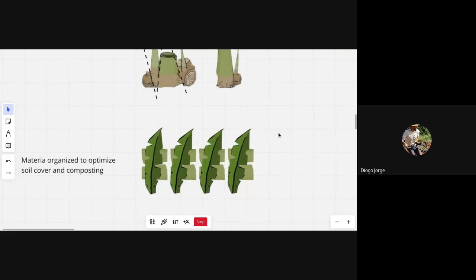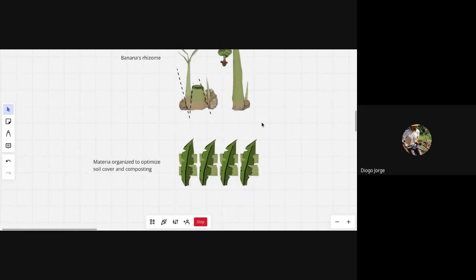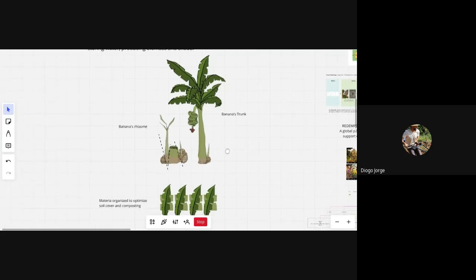Every time we harvest a banana cluster, we chop the trunk, organize the leaves, and that covers a lot of soil with material that is wet and really feeds the microorganisms and the worms and insects, all that. So it's a good production. It starts fast.